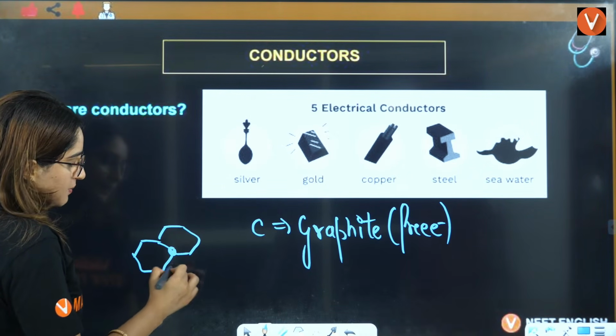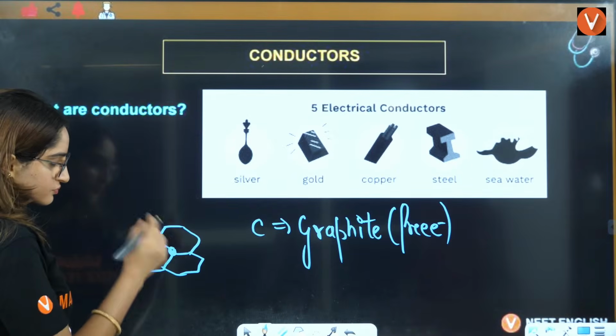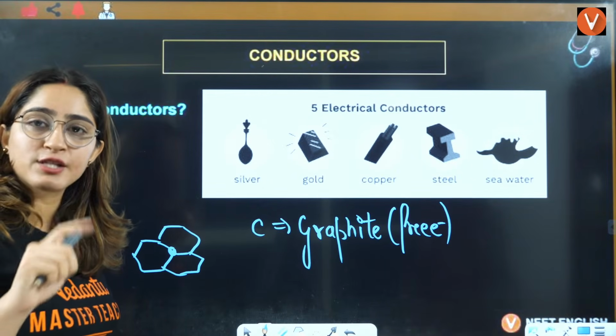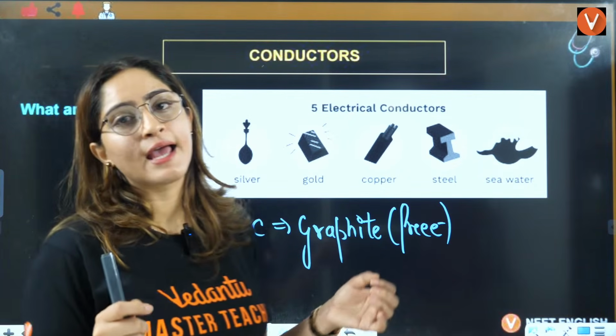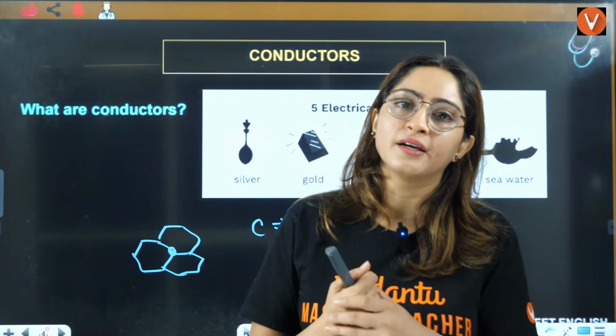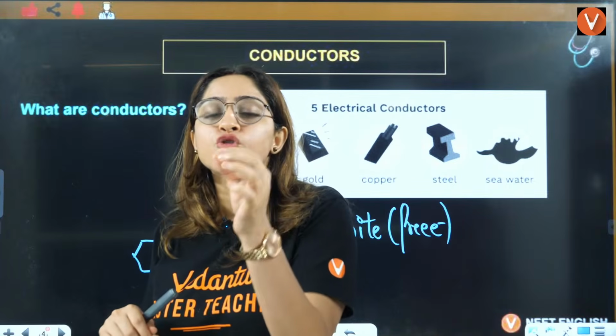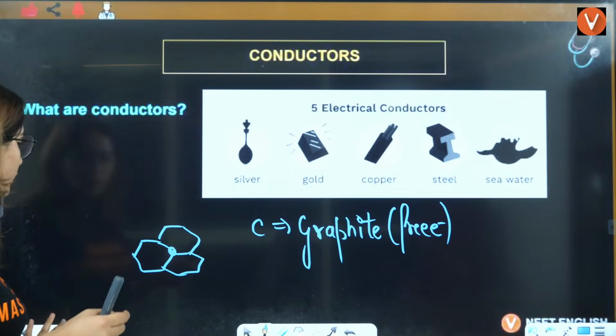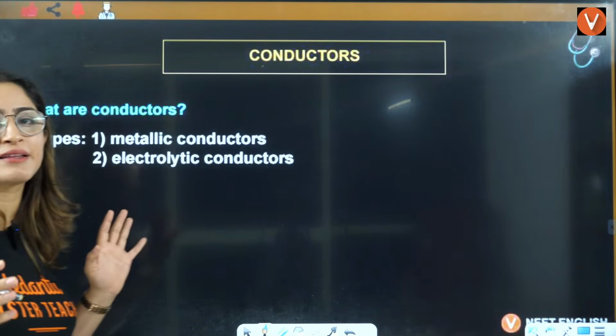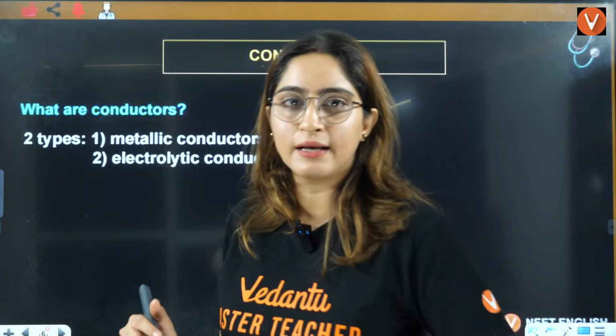So one carbon atom is attached to three atoms, so one electron is free here, and that free electron is conducting the electricity. Because of that electron movement, there is electricity here. So I am specifying that this is electron movement, right?